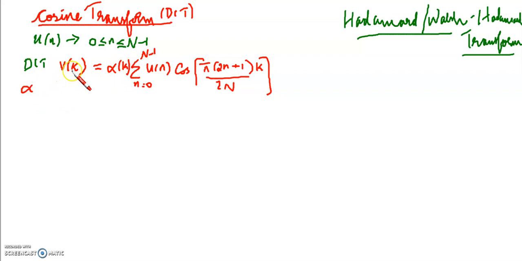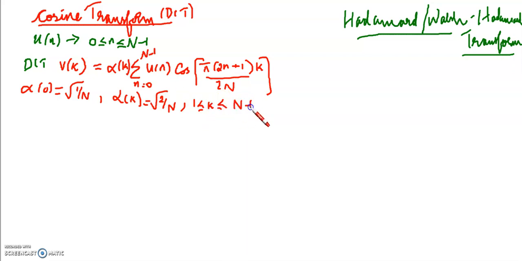For k equal to 0, alpha k will take the value root of 1 by N, and for all other values of k, that is from 1 to N minus 1, alpha k will take the value root of 2 by N. So this is our cosine transform.